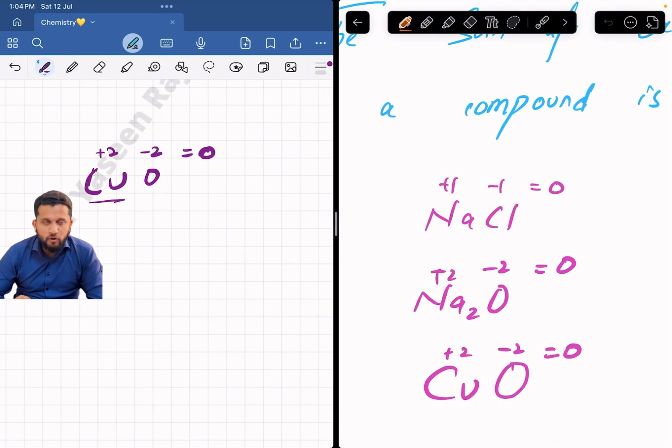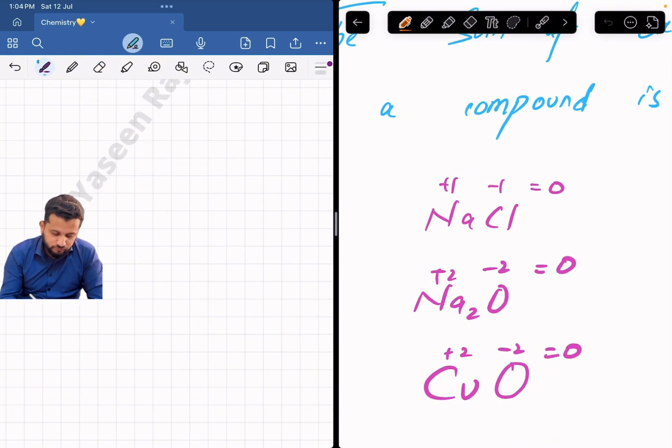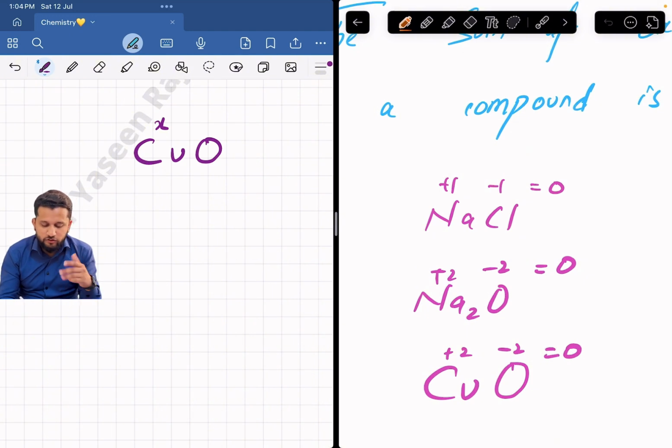And let's talk about the application of this rule. How can you apply this rule? For example, we have copper oxide and you want to find out the oxidation number of copper, and the rule says that the sum of the oxidation numbers in a neutral compound is 0. We don't know the oxidation number of copper, so I'm going to write down X, and oxygen belongs to group number 6. It can gain 2 electrons, so that's why oxygen has -2 charge. Clear?